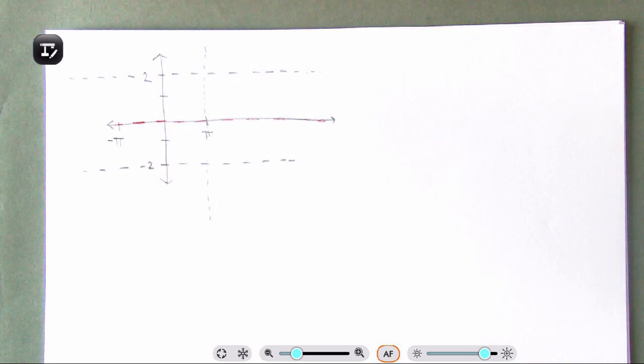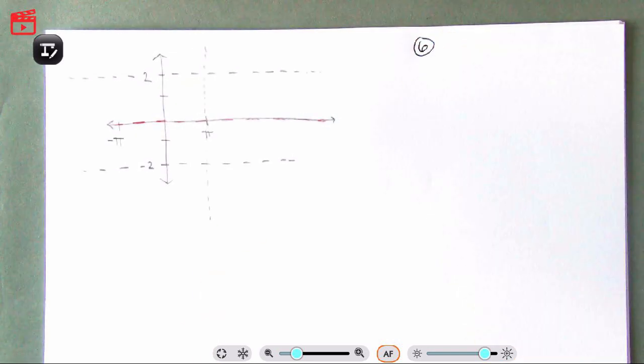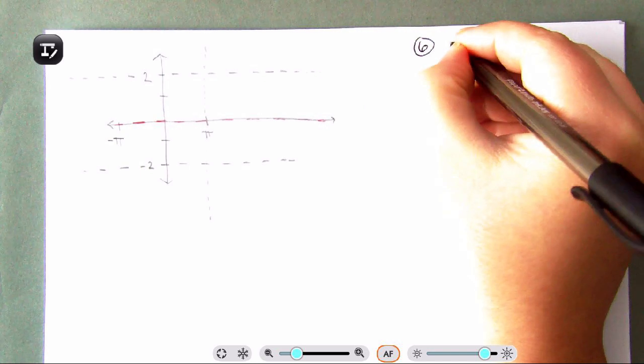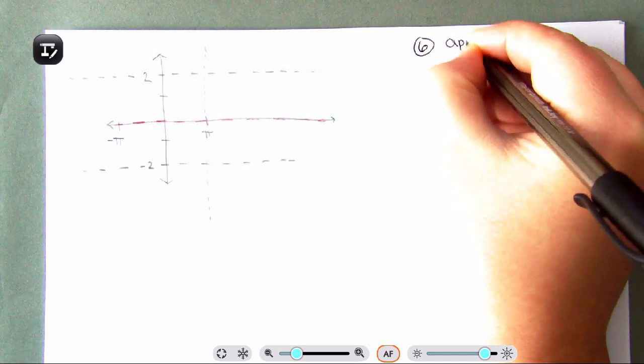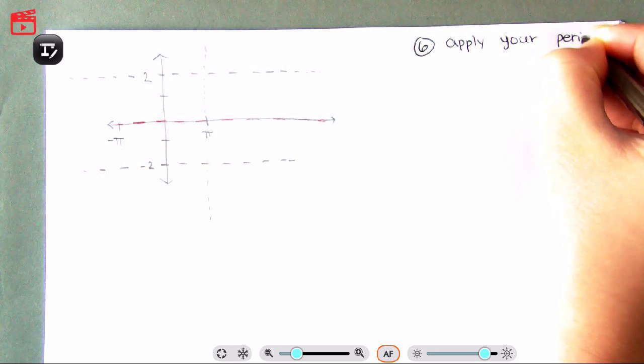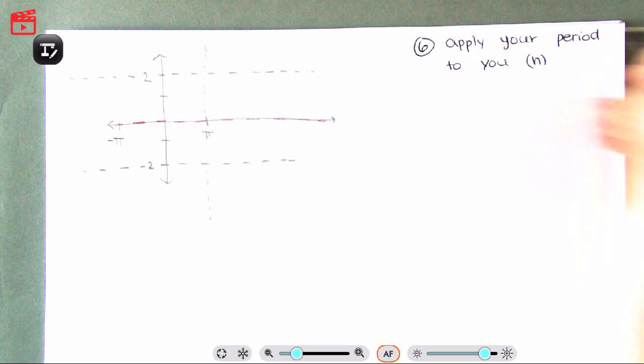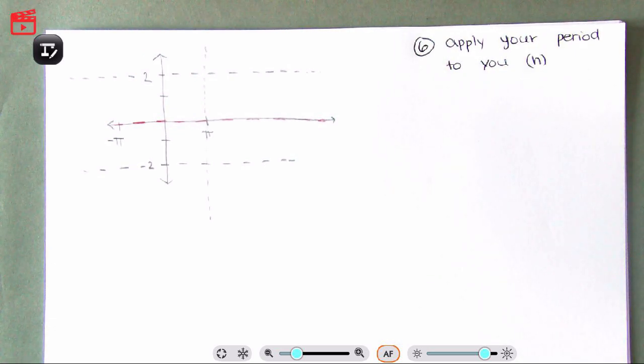So let's do number 6. Step number 5, we changed step number 5 to apply your H. Then step number 6 is apply your period to your H. And what I mean by that is I know my period is 2 pi.